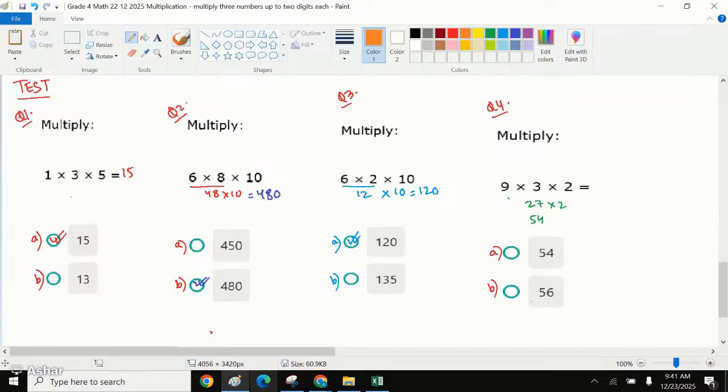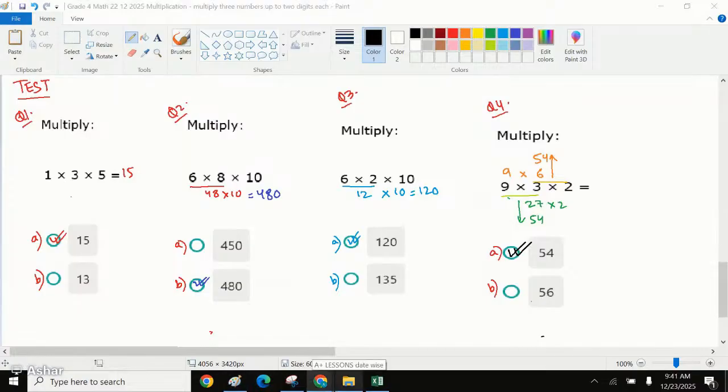Or we can do the other way around. 3 multiplied by 2 is 6, multiplied by 9 is still 54. We still have the same answer, right? Because in this case, I multiplied this first. In this case, I multiplied 3 and 2. So our answer still is the same. That means 54 is the correct option.